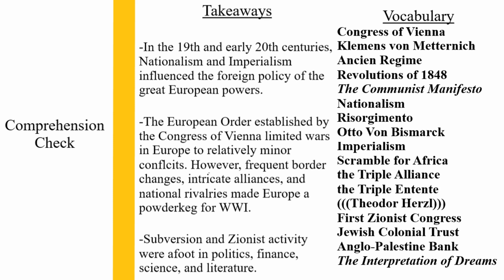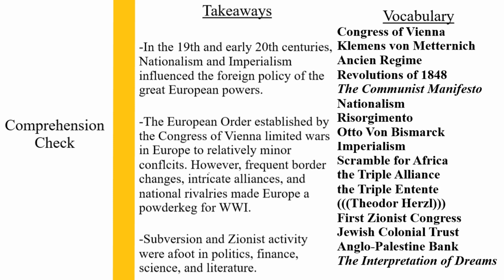Okay, our wrap-up. So the main takeaways we need to know are that in the 19th and early 20th centuries, nationalism and imperialism influenced the foreign policy of the great European powers, which is the reason why Europe was the most technologically and economically prosperous of the 7 continents. We also have the takeaway that the European order established by the Congress of Vienna limited wars in Europe to relatively minor conflicts.